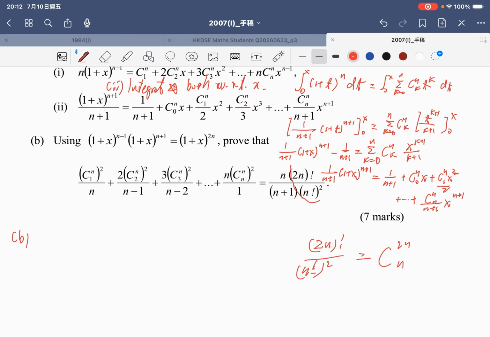It means this part is 2nCn, and for the term n over n plus 1, I don't know where it comes from, but I think it is easy to see for both hand sides, as we can see later. Okay.